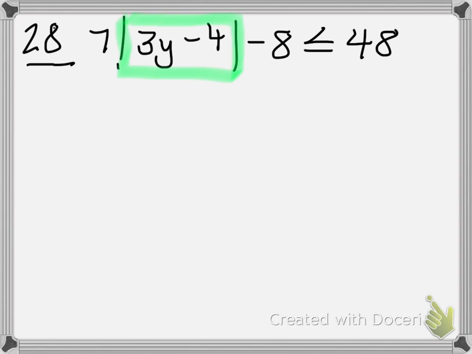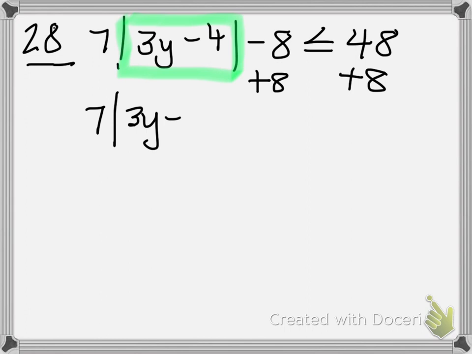So I'm going to have to get rid of this minus 8 and multiply by 7. Just like you would if you were solving an equation, I'm going to add the 8 first. This gives me 7 times absolute value of 3y minus 4 less than or equal to 48 plus 8 is 56.